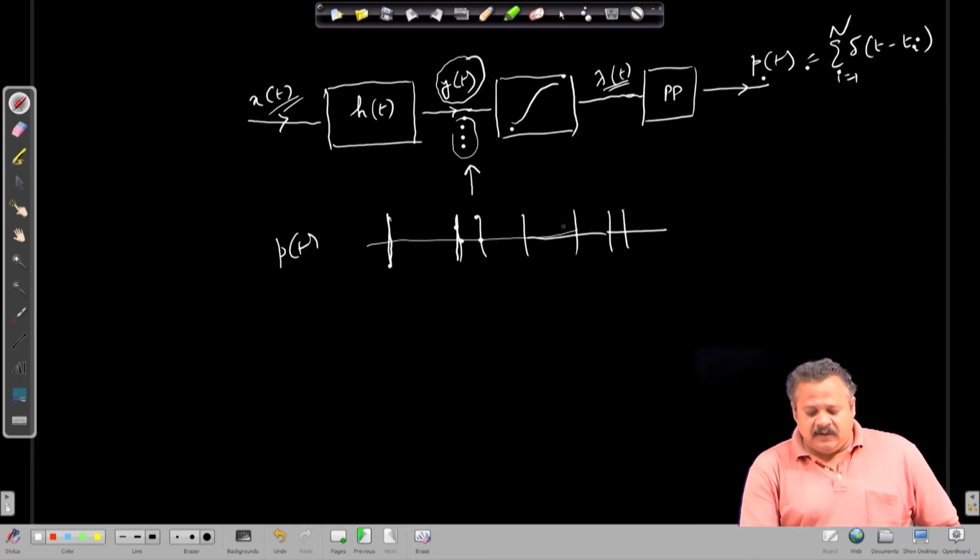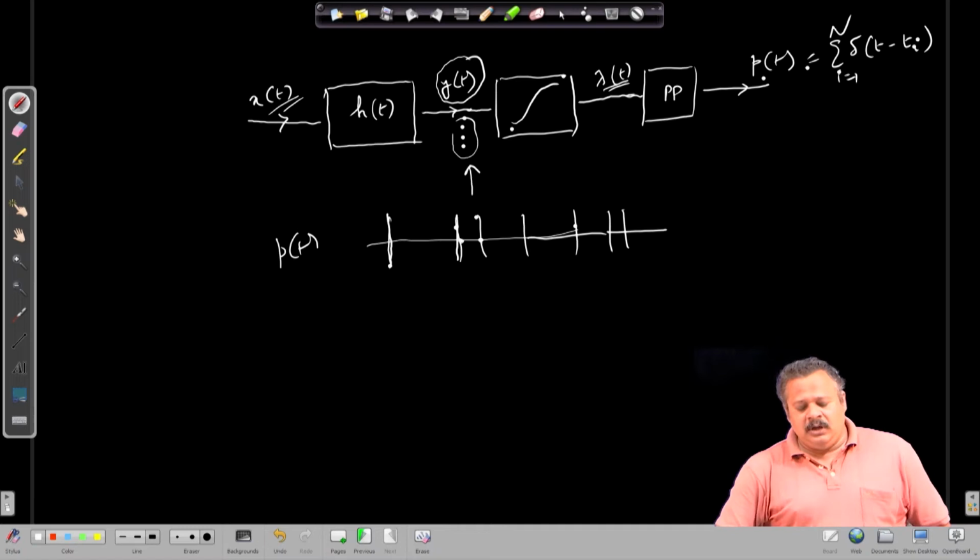So the further away you go, the probability of that spike occurring is going to recover to its normal probability based on whatever stimulus is going on. So remember that one process driving the spikes is the stimulus, and another process driving the spikes or altering their probability is the spikes themselves, their own history.